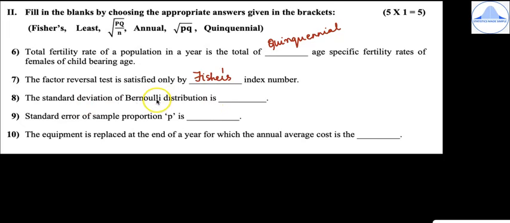The standard deviation of a Bernoulli distribution is root of PQ, where Q is equal to 1 minus P. Ninth one, the standard error of the sample proportion P is, the correct option is root of PQ divided by N. 10th one, the equipment is replaced at the end of a year for which the annual average cost is the least.